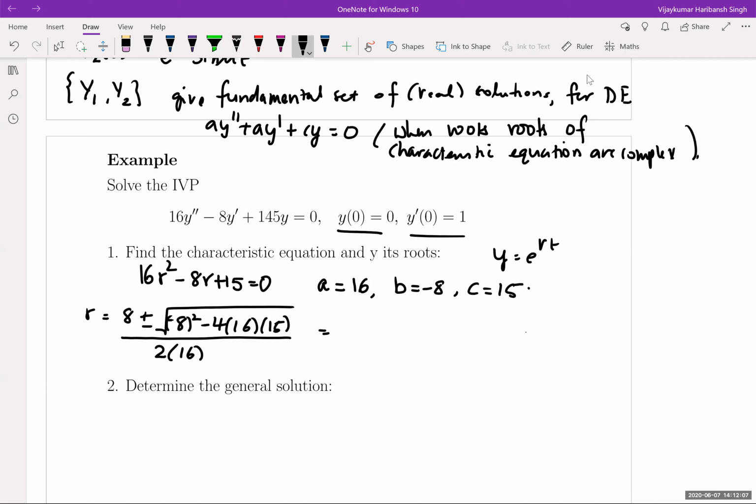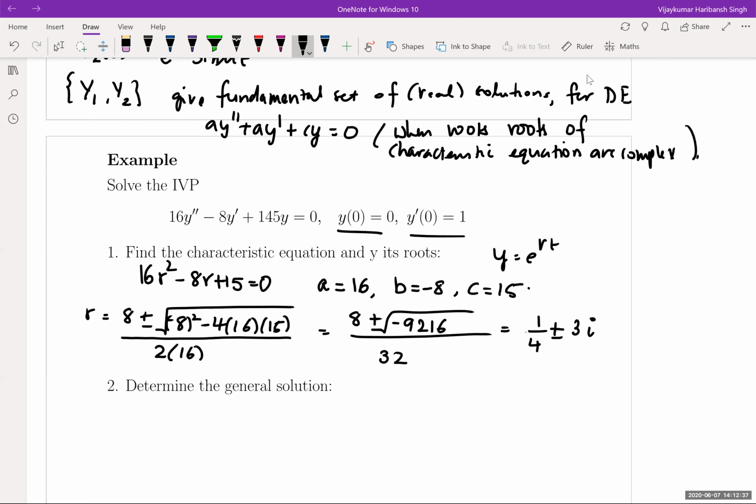The denominator is going to be 32, 8 plus or minus the square root of 64 minus... if you do this on a calculator, you'll see that the answer is 9216, and then the answer comes out to be 1/4 plus or minus 3i, right?